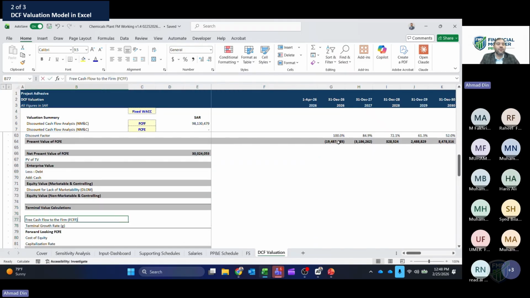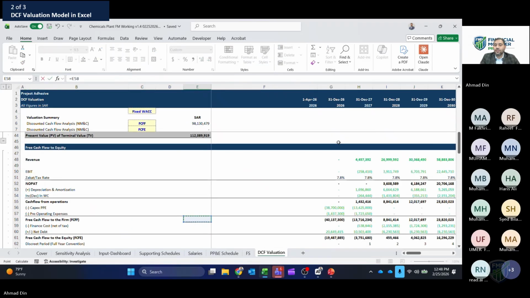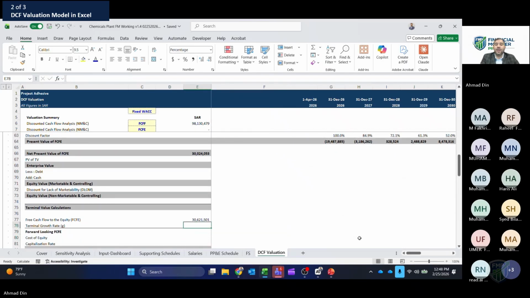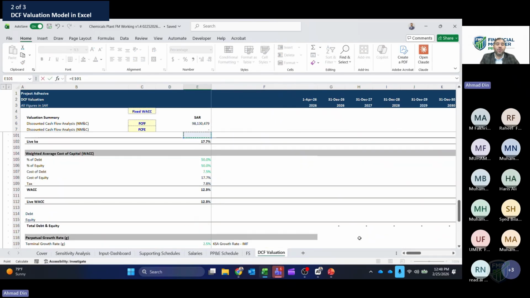So here is the free cash flow to equity. This is our free cash flow to equity for the last year. Then terminal growth rate, same for all methods.